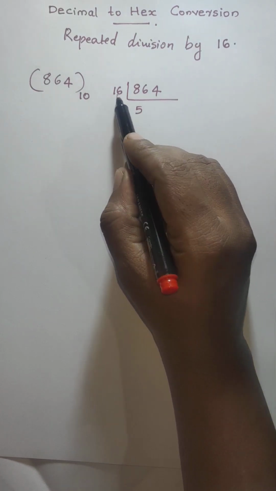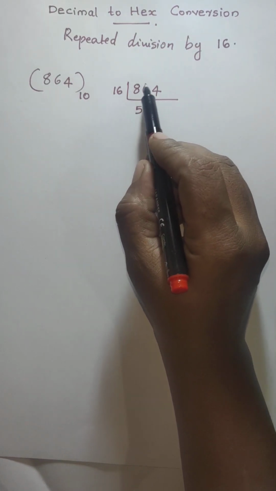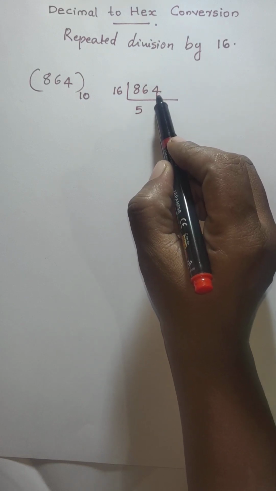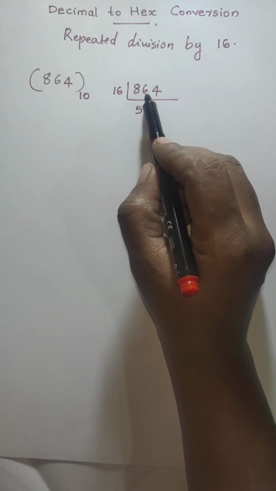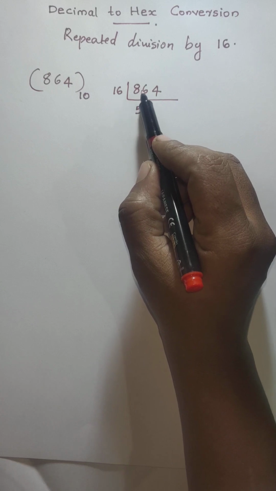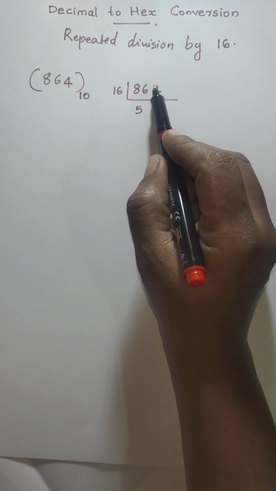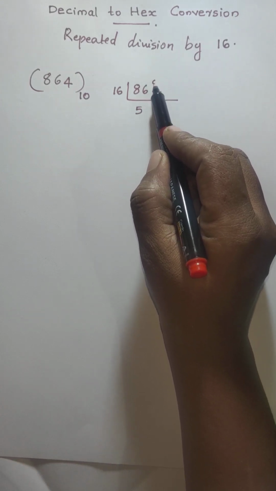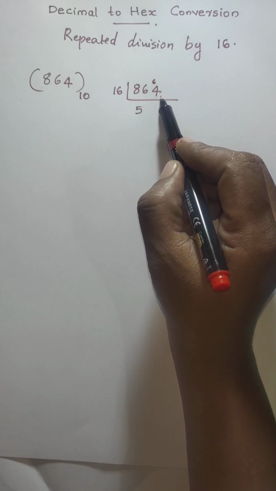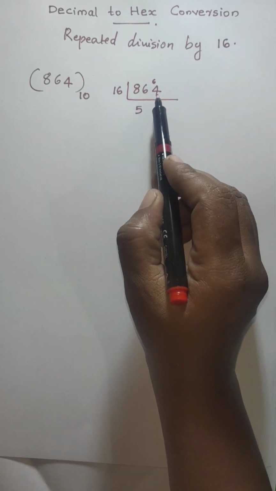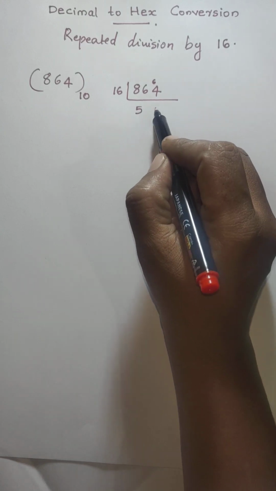5. So 5 into 16 is 80. What remains out of 86? Yes, remaining 6. So 6, 4: 64. Then how many 16s are there in 64? 4. Very good.